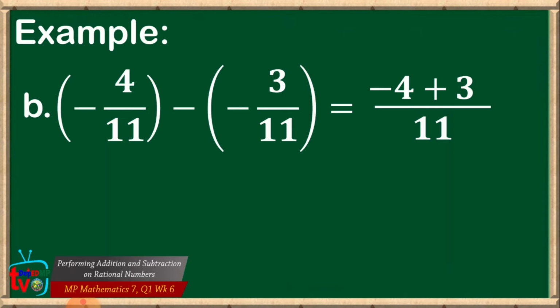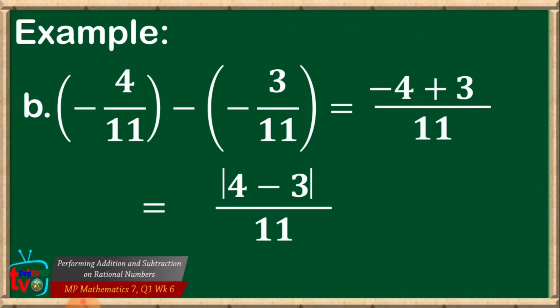Next, proceed to the rules of adding different signed fractions. Subtract the numerator, get the absolute value, and copy the common denominator. Then, carry the sign of the numerator having the greater value.